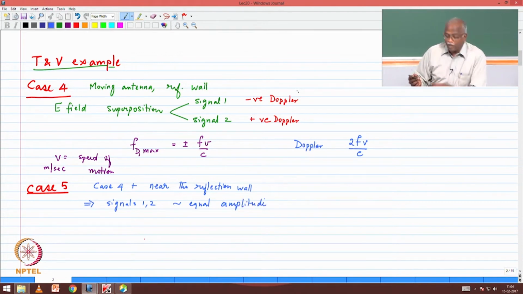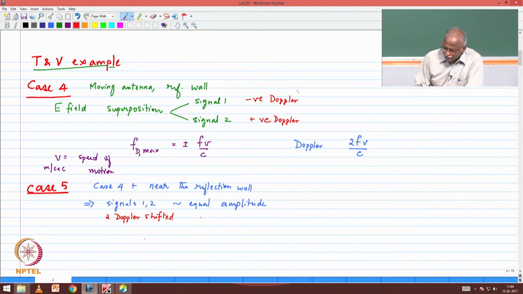The second one, of course, was that one of the components has maximum negative Doppler, the other has maximum positive Doppler. So basically 2 Doppler shifted versions are available to us, and they are actually interacting with each other.